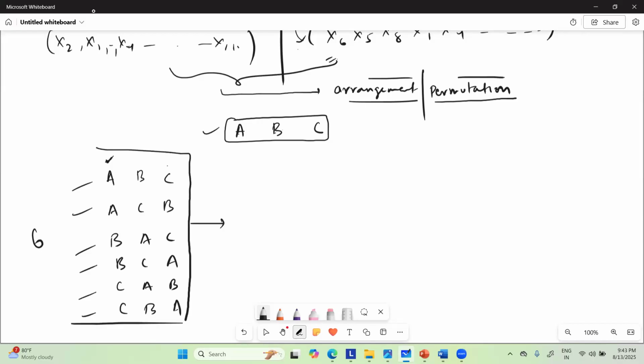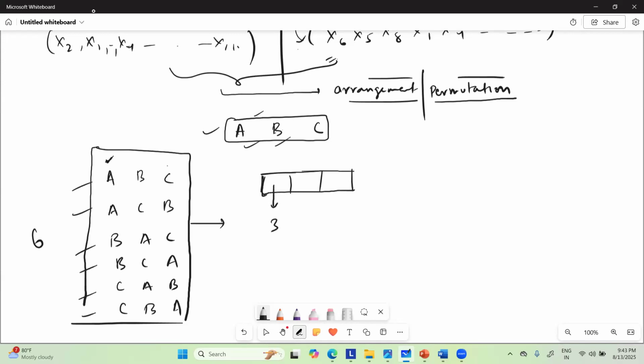So if I want to calculate it, not write every arrangement and count it, I'll think in this way: let's say there are three boxes and I have to put letters here.